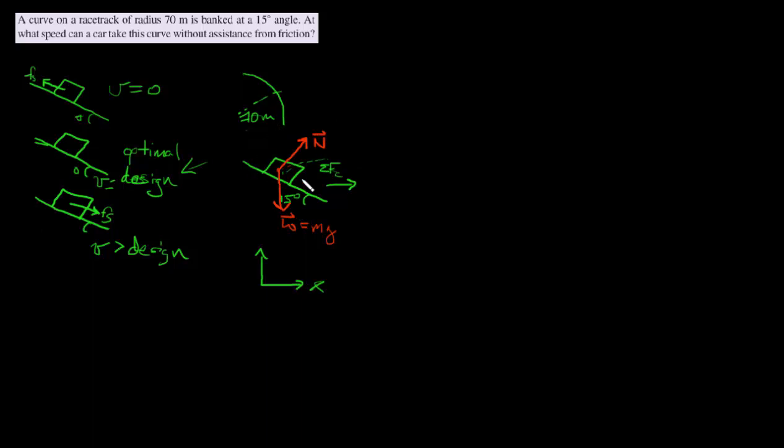And so looking at this normal, that's the one we're going to have to break down. So if I get my components on there, I see that I have n in the x direction and n in the y direction, again different from the text. And then my theta goes right up here. That's theta.